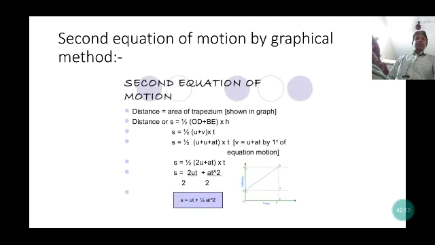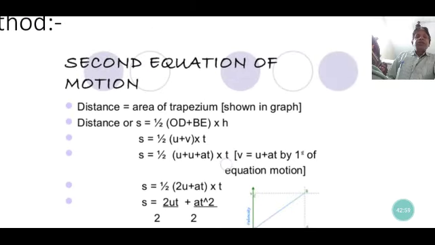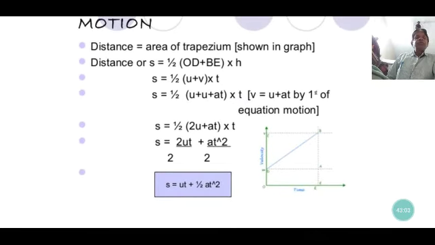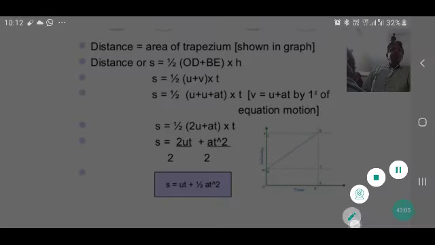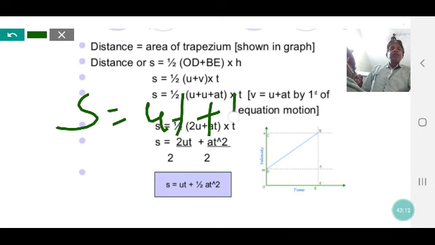The second equation of motion is s is equal to ut plus half at square.